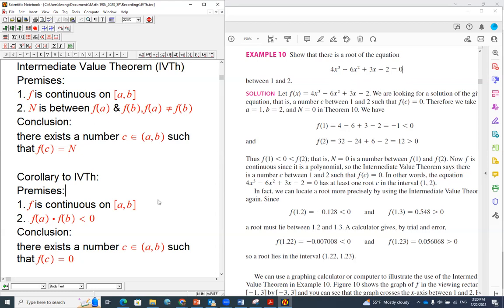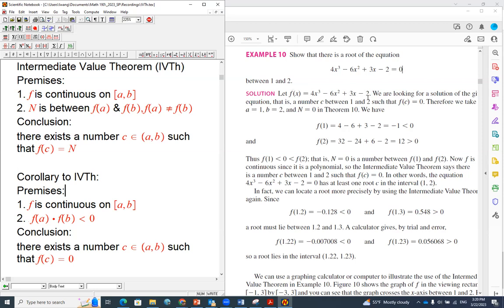So if we use the intermediate value theorem, we are going to see which interval can possibly give us the solution. Using the corollary, we first set up a function.